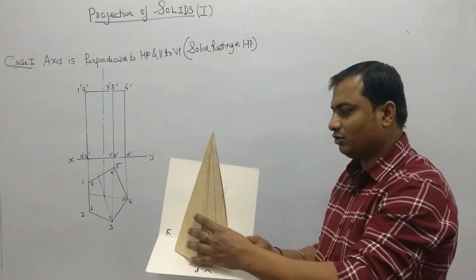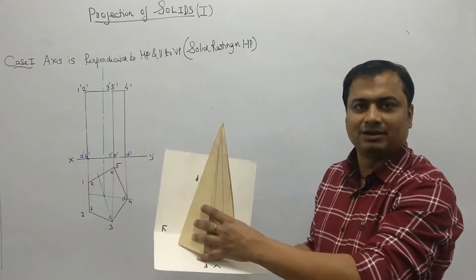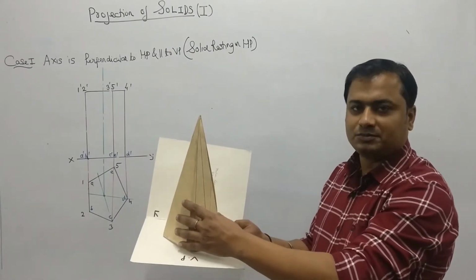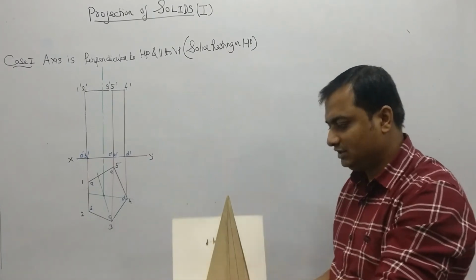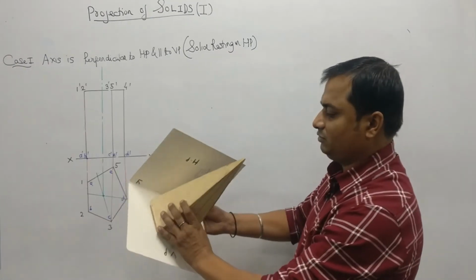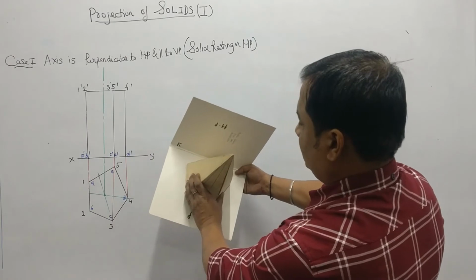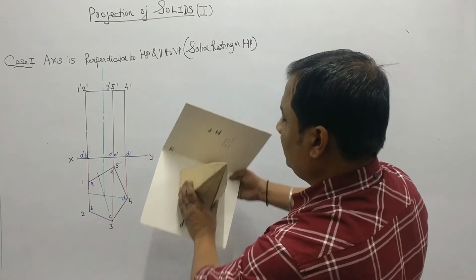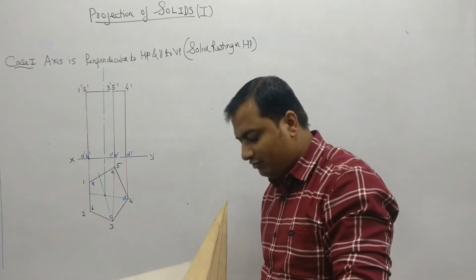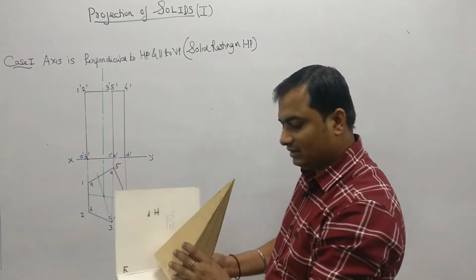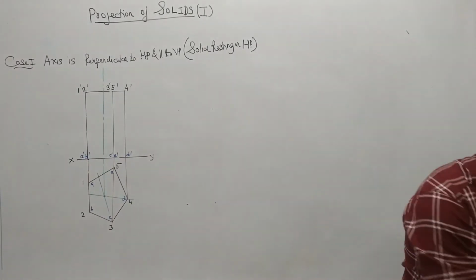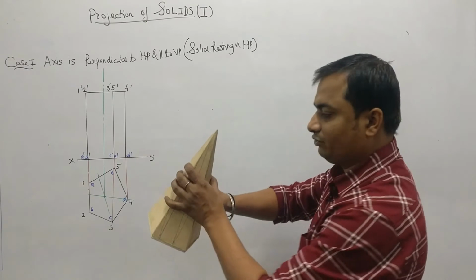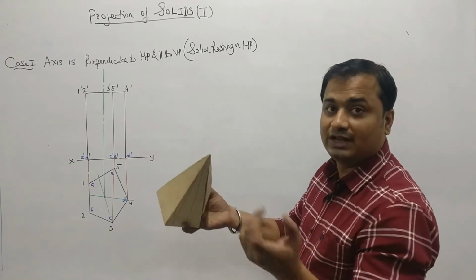So now what is the top view and front view for this pentagonal pyramid resting like this? Top से क्या दिखेगा, front से क्या दिखेगा? Now when I see from the top, I will be getting one pentagon. So the top view will be a pentagon along with the center. I am just rotating this to make you visualize from the top.